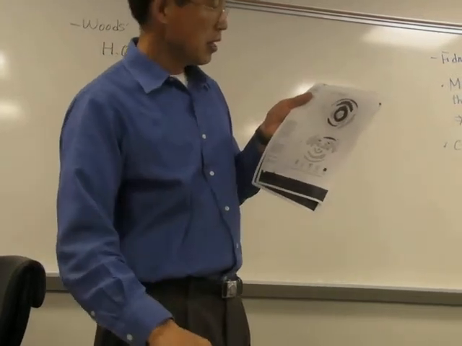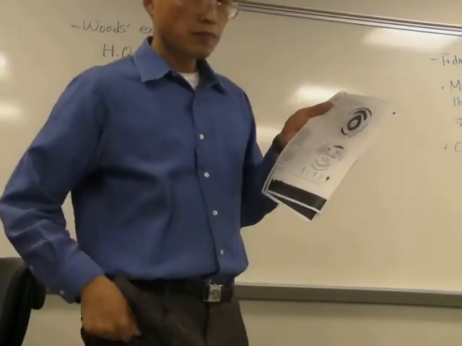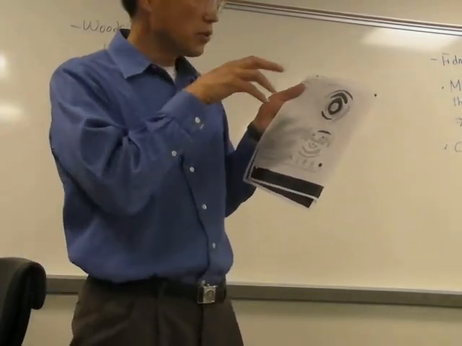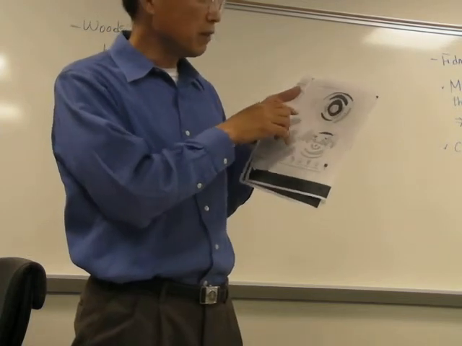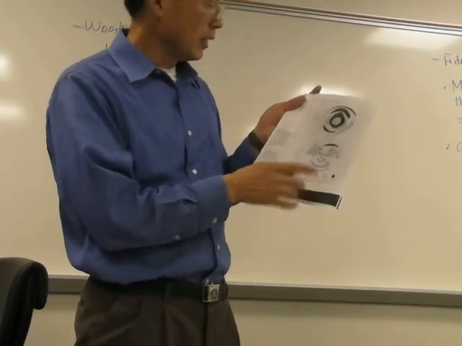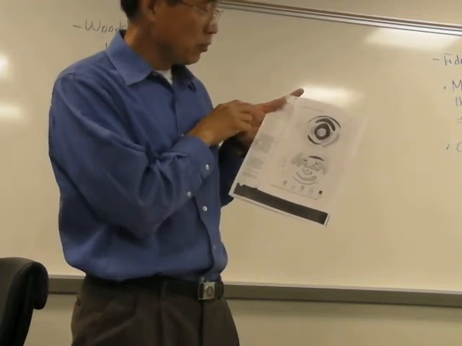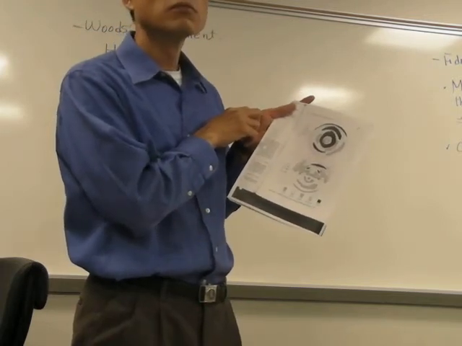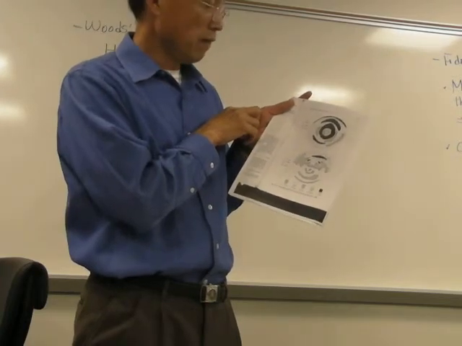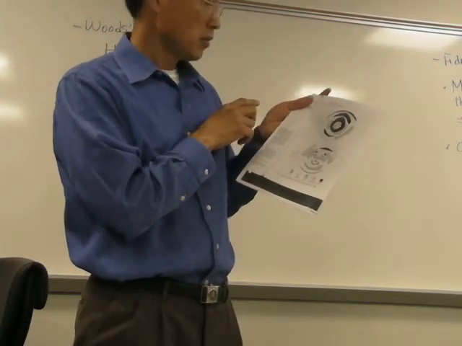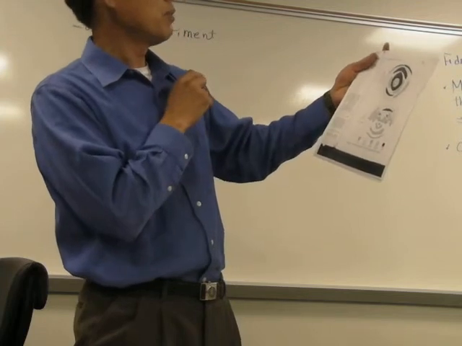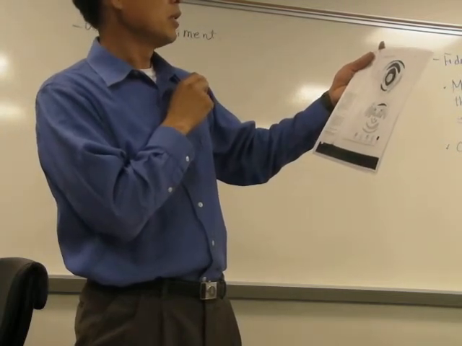Then he tried to install the trench with several different configurations. For one case, h over lambda is 1.452. If h over lambda is 1.452, that is what?